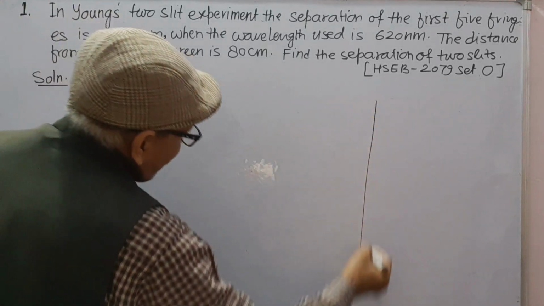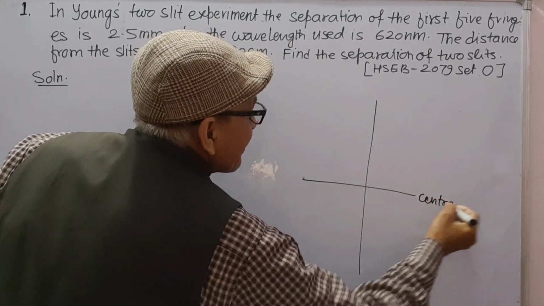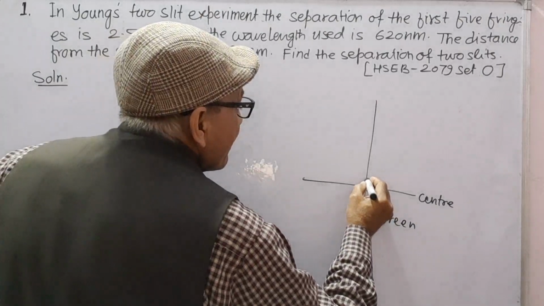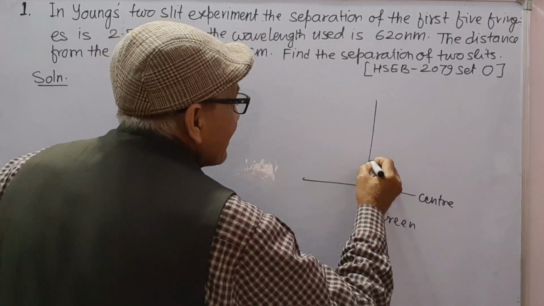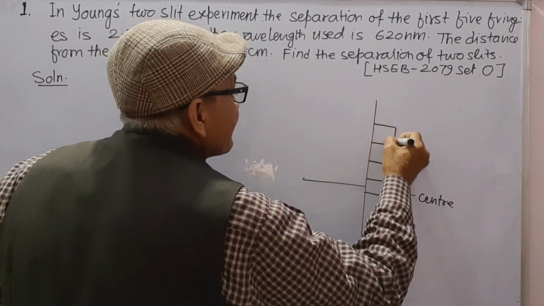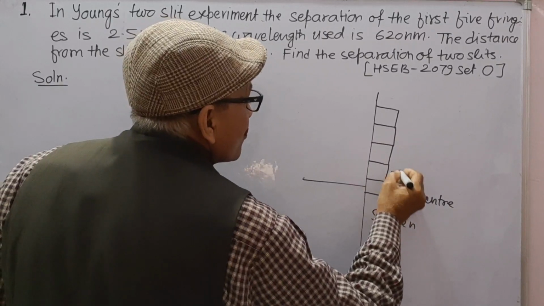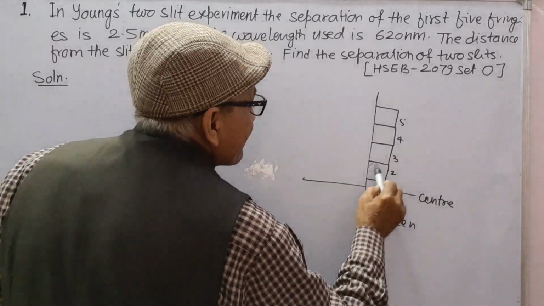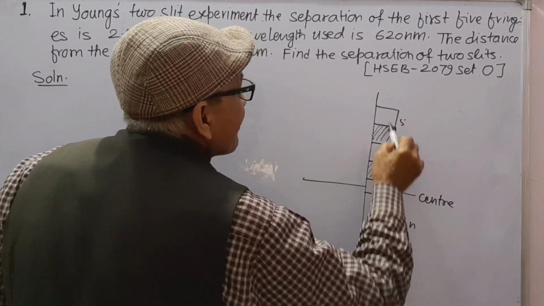Here, suppose this is the center of the screen. This is the central bright fringe. This is a dark fringe. Again bright fringe, dark fringe, bright fringe. 1, 2, 3, 4, 5. This is bright, dark, bright, dark, bright.